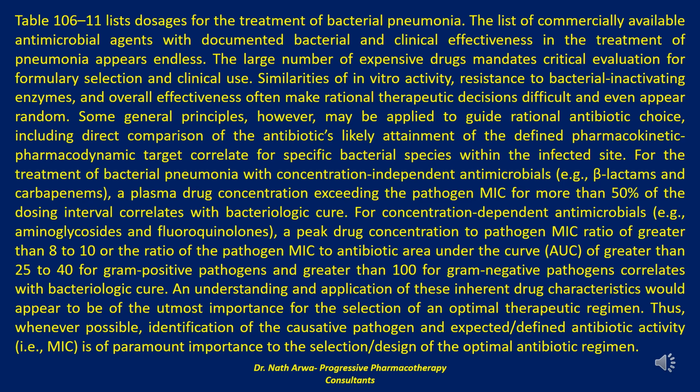An understanding and application of these inherent drug characteristics would appear to be of the utmost importance for the selection of an optimal therapeutic regimen. Thus, whenever possible, identification of the causative pathogen and expected or defined antibiotic activity, i.e., MIC, is of paramount importance to the selection or design of the optimal antibiotic regimen.